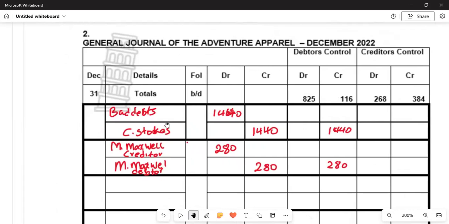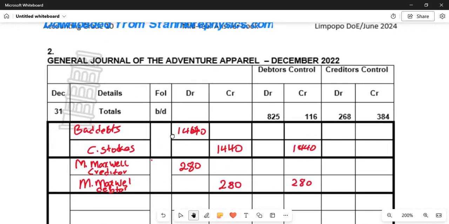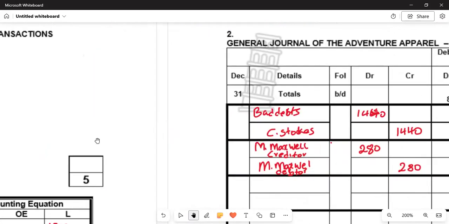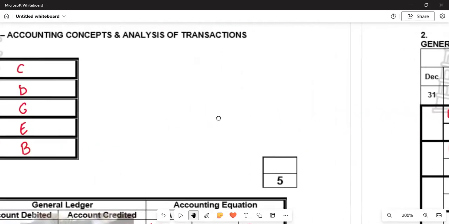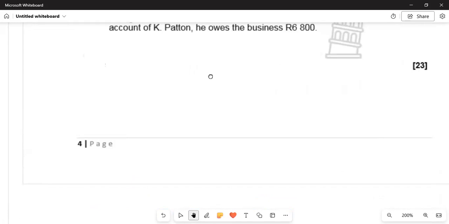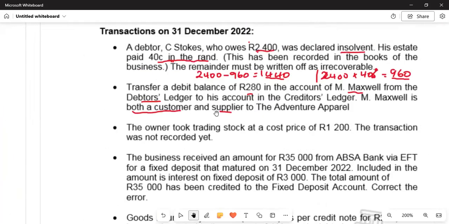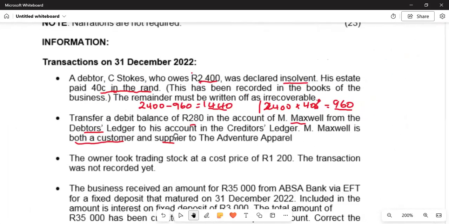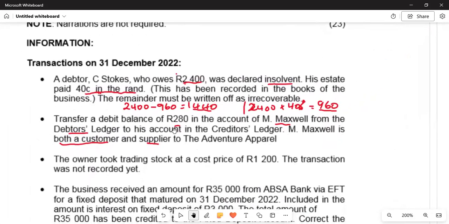Now let's move on to another transaction. Here we are told that the owner took trading stock at a cost price of 1,200 and the transaction was not recorded yet.